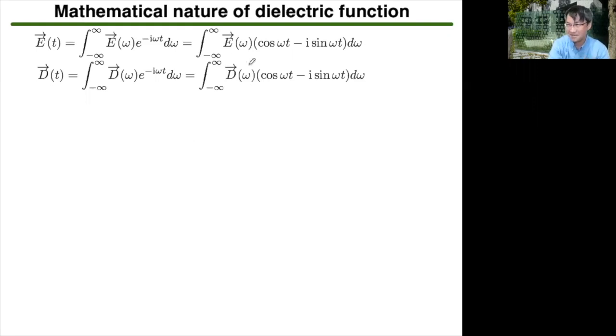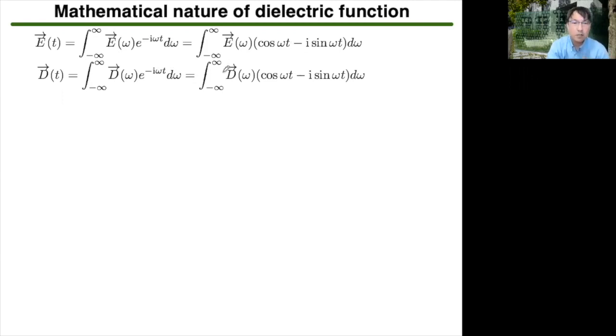To discuss the mathematical nature of electromagnetic fields, we consider the time dependence of the electric field E and electric displacement field D in the materials. The electric field E and displacement field D as real functions of time t are expressed by using the inverse Fourier transform of E and D as complex functions of frequency omega, or photon energy, as in these formulas.